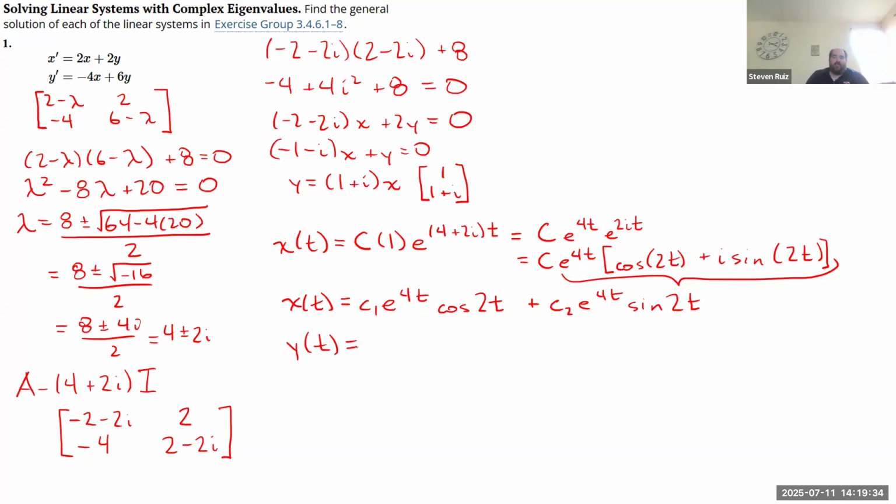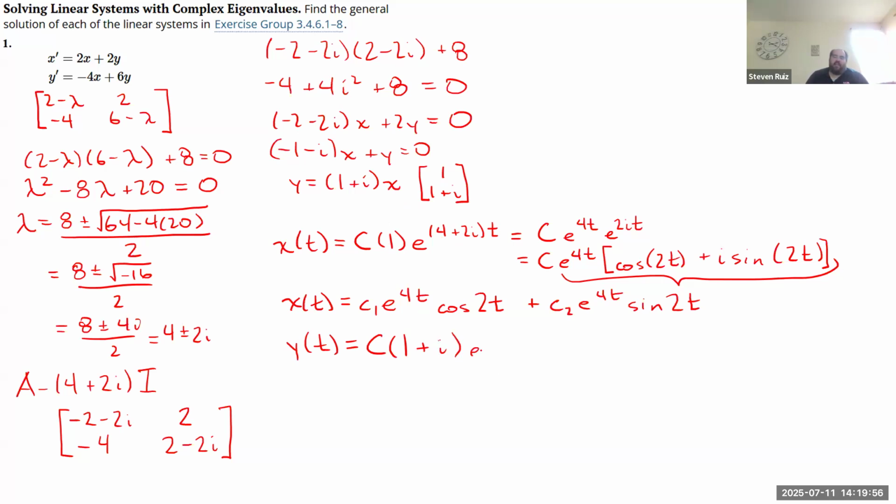Basically, we're going to build the same thing, except now we're going to be working from the second coordinate of the eigenvector. This case, the x case, was relatively simple because the x coordinate of that eigenvector was 1. Now what I have to think about is this. I'm going to multiply everything that I come up with times 1 plus i.